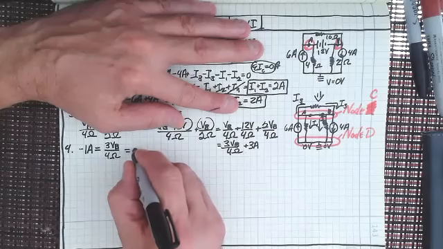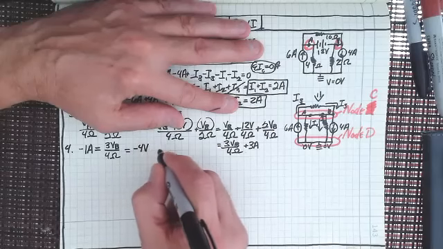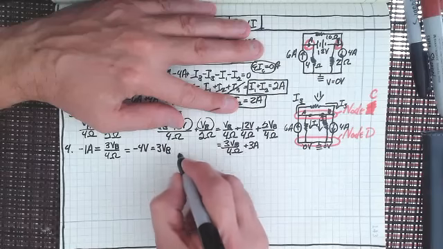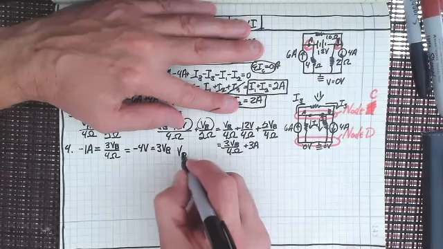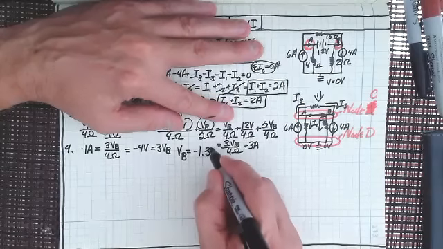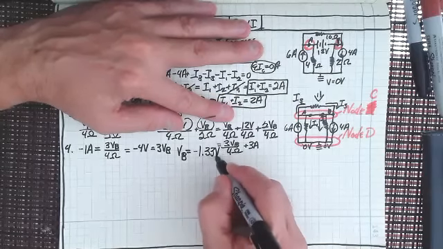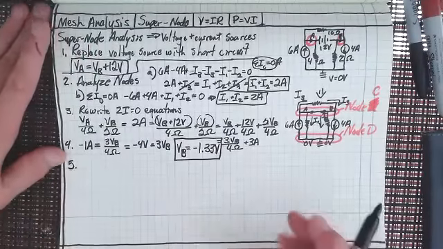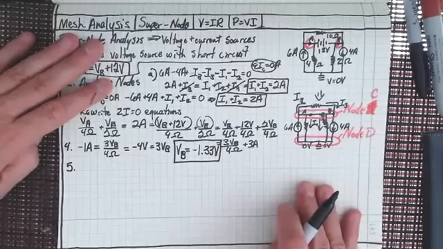So this gives me minus 4 volts equals 3 times V sub B, which says V sub B is going to be minus 1.33 volts.